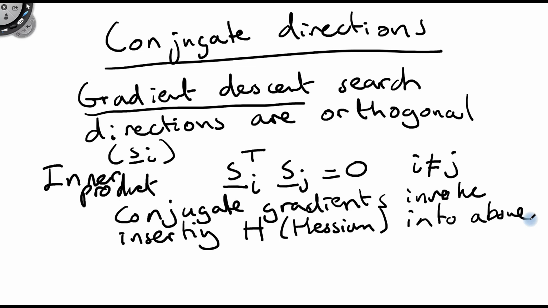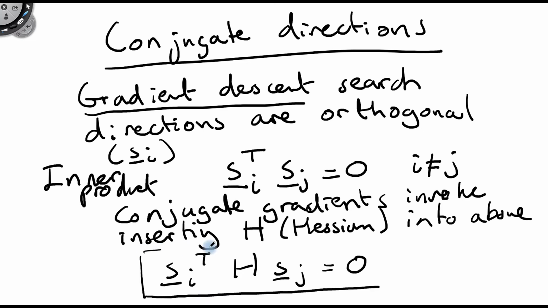We know that if H is positive definite, i.e. has positive eigenvalues, then it's a convex function. So it actually is a very sensible thing to do. So we're going to now define conjugacy: Si transpose, and we're just going to put our H matrix in the middle here. And this is a key.